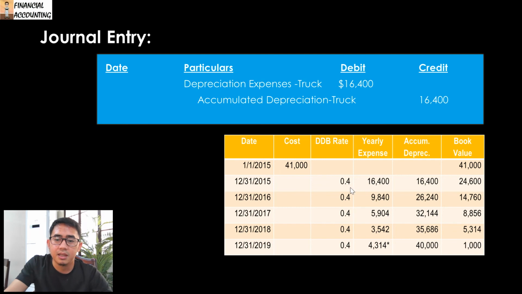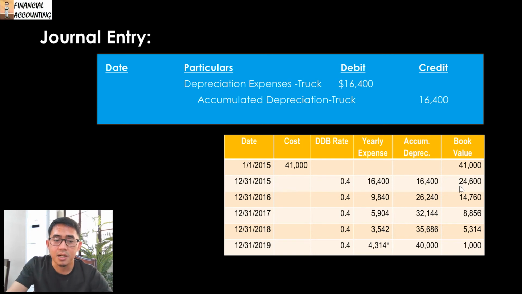You multiply it by the double declining balance rate, which we have computed a while ago at 40%. So 41,000 times 40% is 16,400. Okay, so that is also the accumulated depreciation. So 41,000 minus 16,400, the remaining book value now is 24,600.